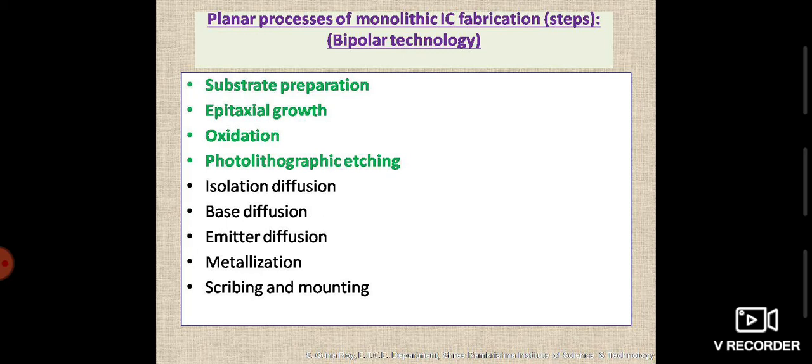In my last lecture, I described the photolithographic technique. Today, I will tell you about the remaining 5 steps of the IC fabrication process.